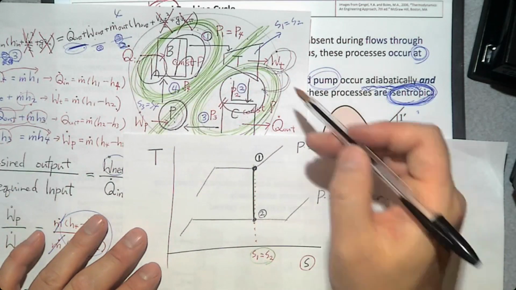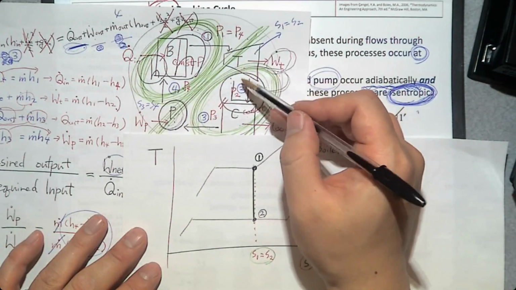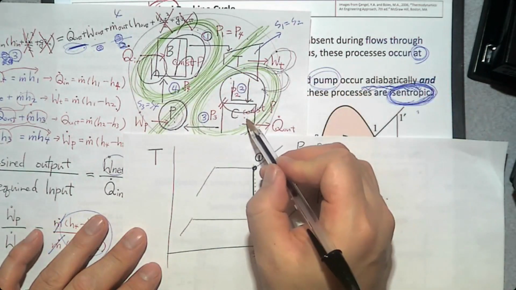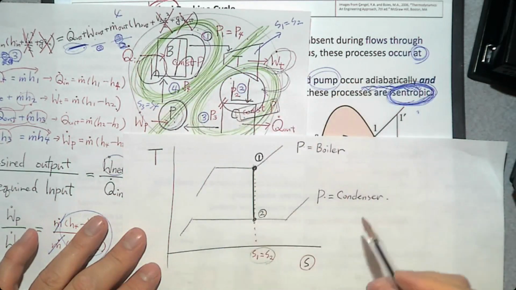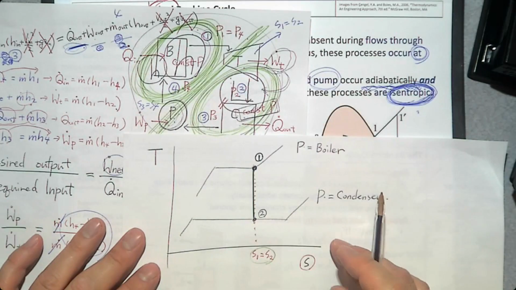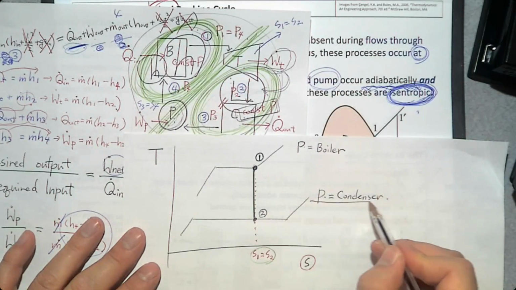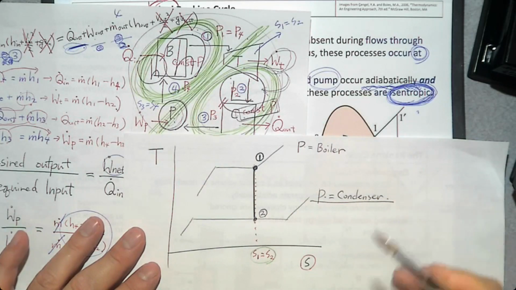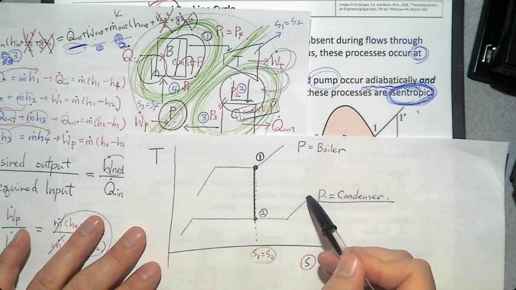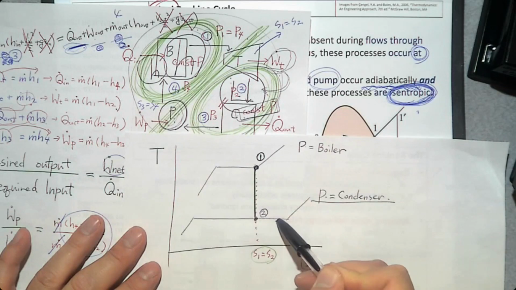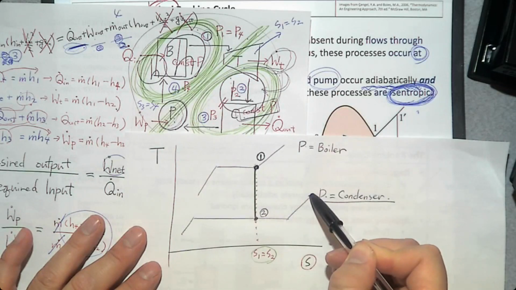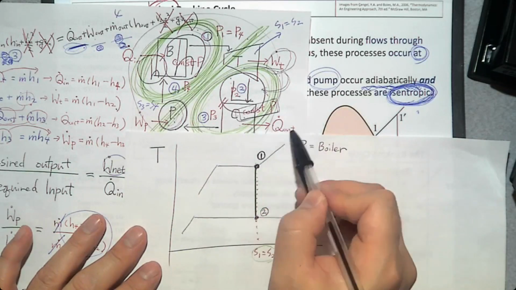And then that's a turbine and condenser. The condenser runs a constant pressure process. That means pressure P remains constant. If the pressure P remains constant, the condenser process should be on this line. And what's going to happen in this condenser? Losing heat to the surroundings.